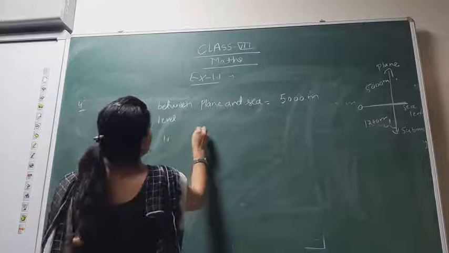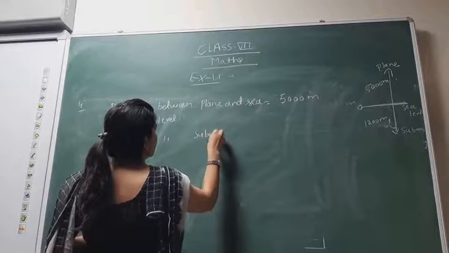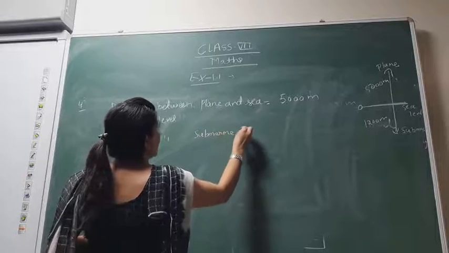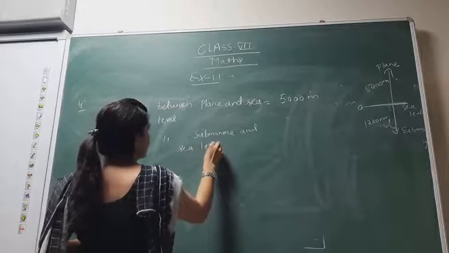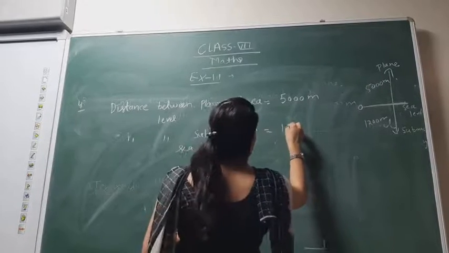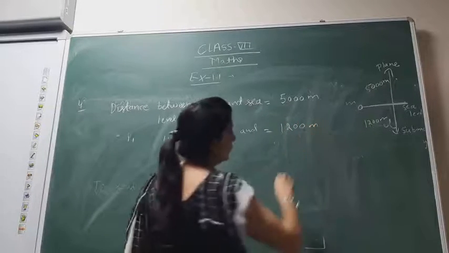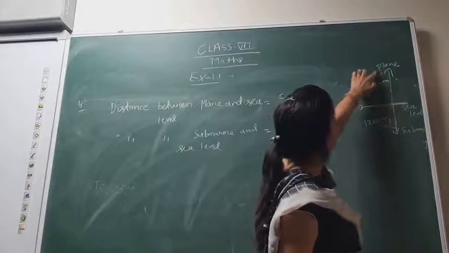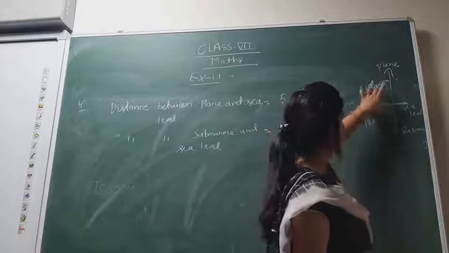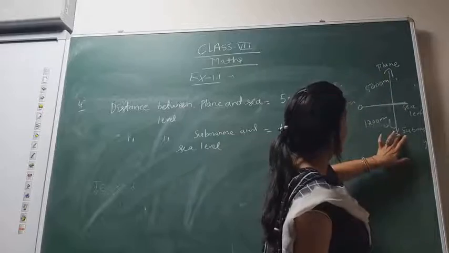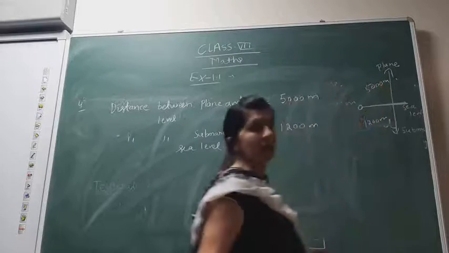Distance between submarine and sea level is equal to 1200. The plane is above the sea level, and the submarine is below the sea level. So when we have to find the total distance, we will add the terms.